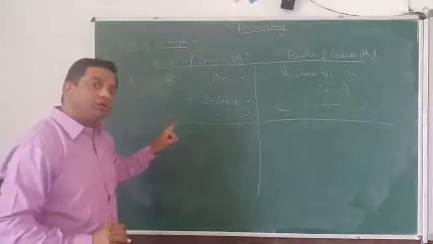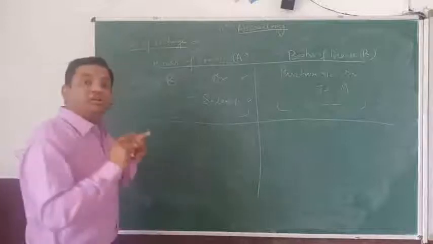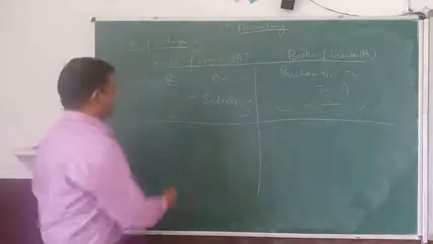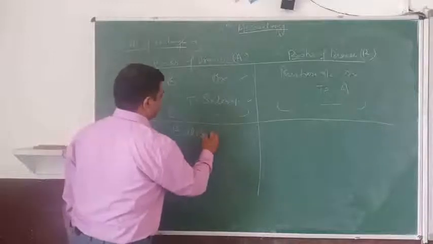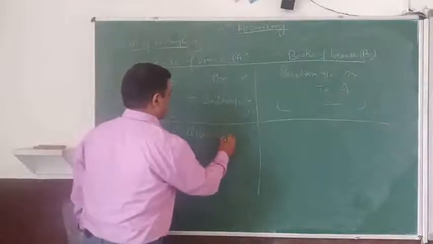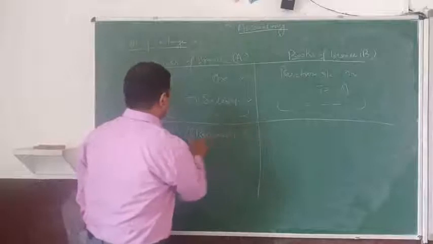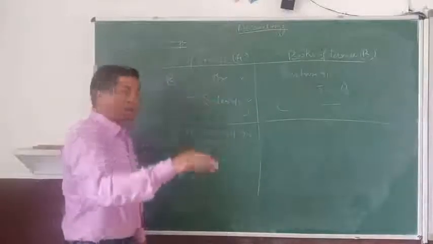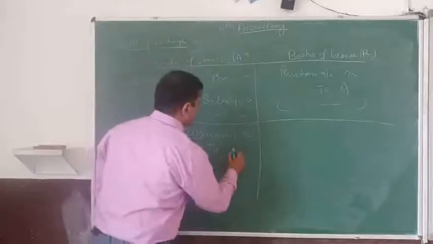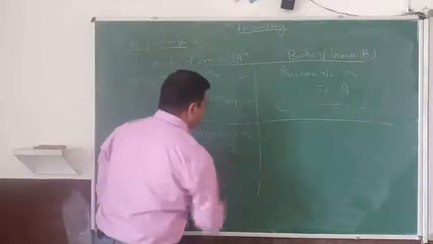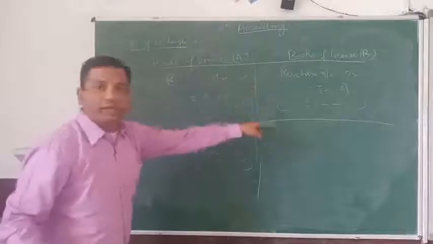And when he draws the bill, the entry will be bills receivable account debit, in shortcut you can write it B/R. Bills receivable account debit to B, being bill drawn upon B.